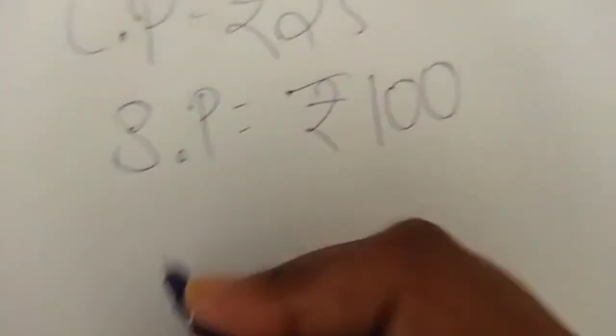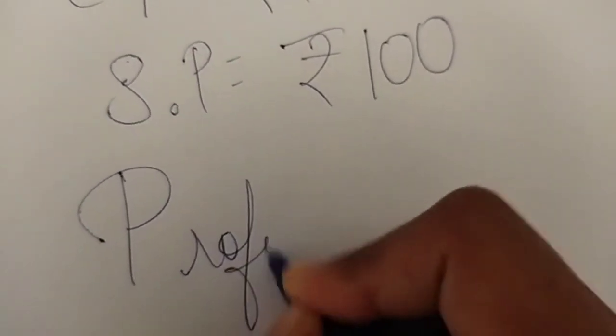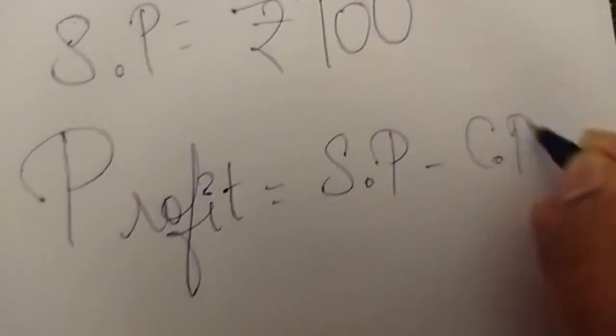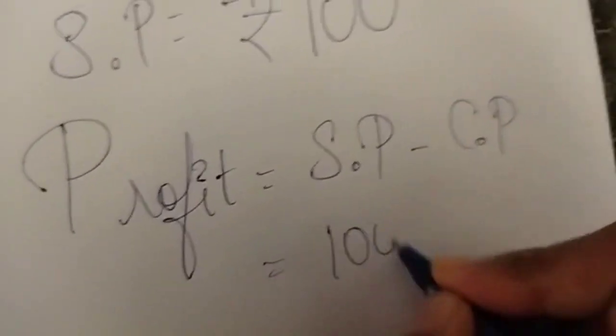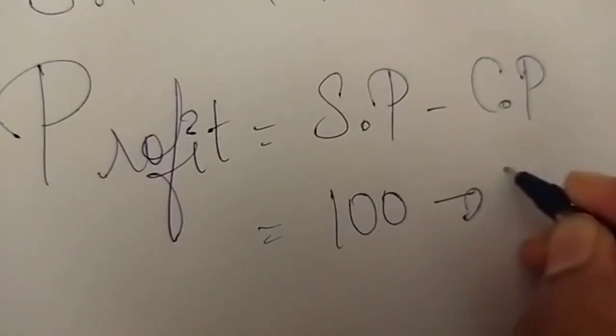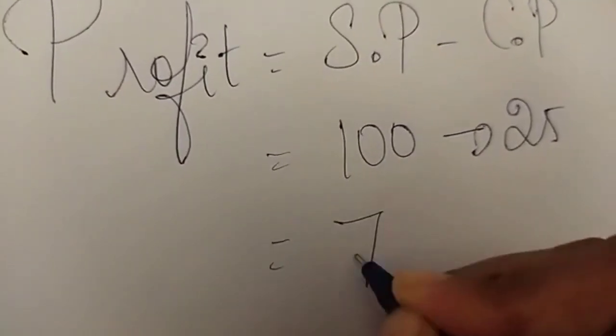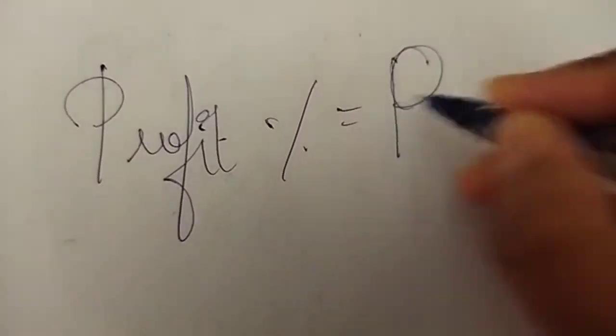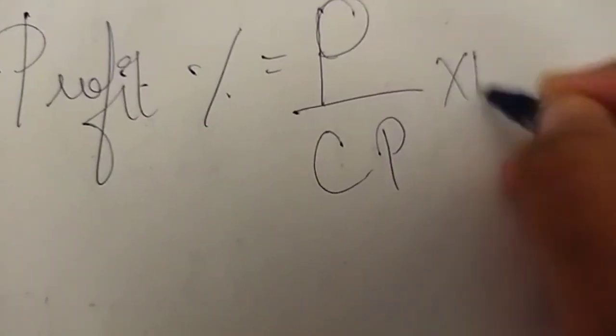So we can find profit. Profit is equal to SP minus CP. What is SP here? 100 minus CP 25. We get profit as rupees 75. Profit percentage is equal to profit by CP into 100.